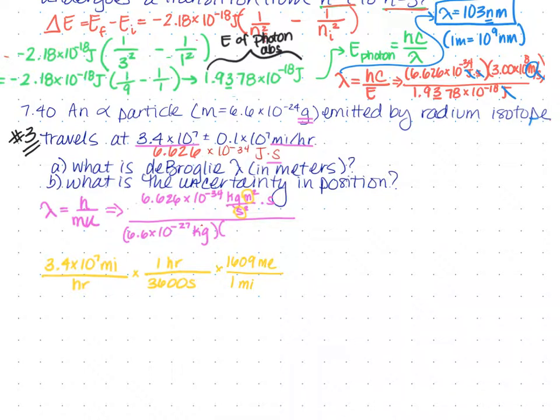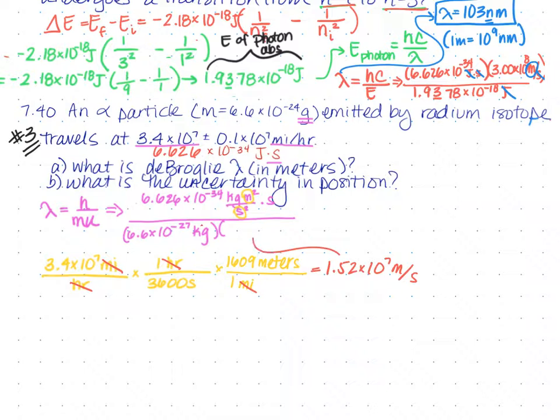Just make sure to pay attention to the study guide. It'll tell you which conversions to memorize, but most of the conversions I will give you on the exam. So hours will cancel, miles will cancel, and that should give you 1.52 times 10 to the 7th meters per second.